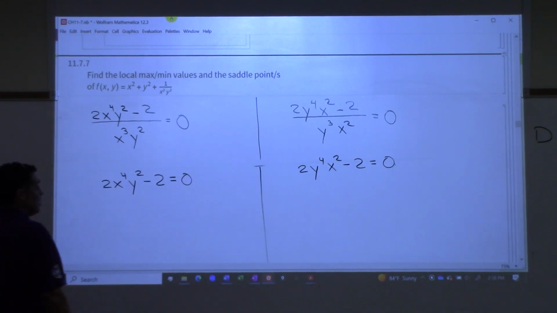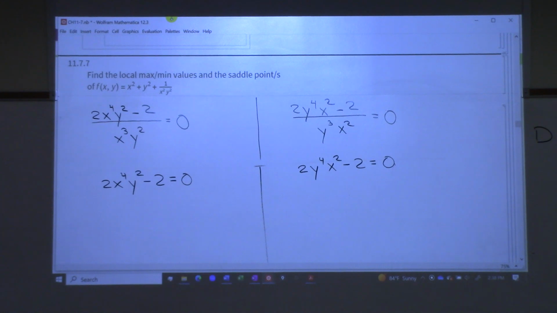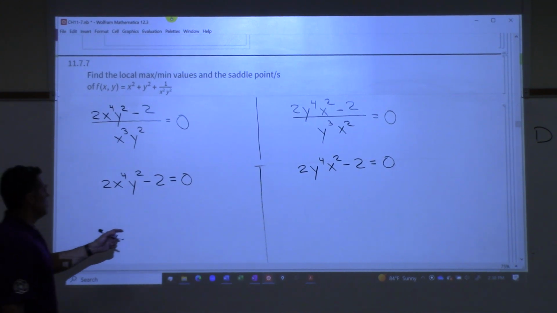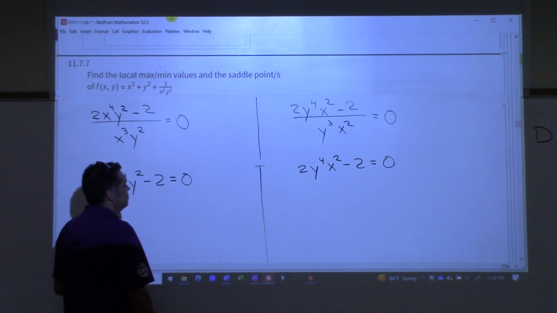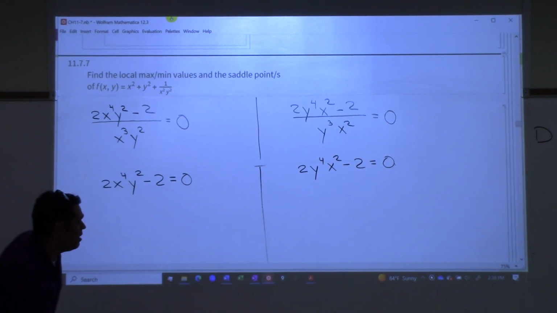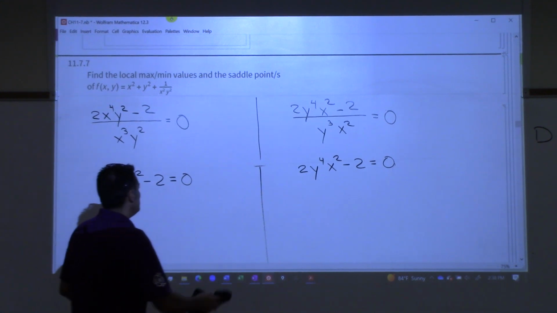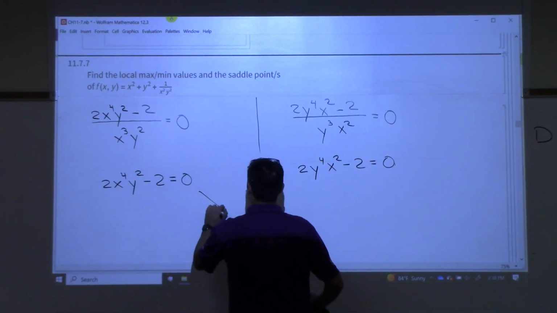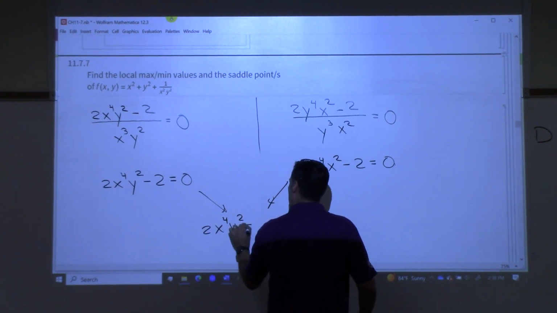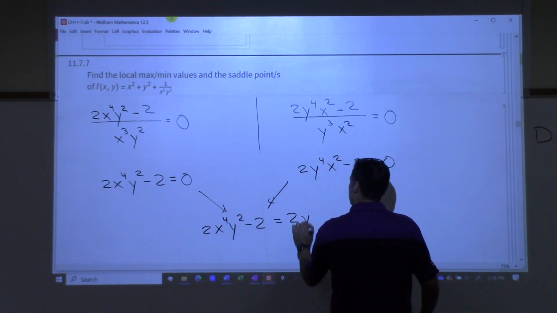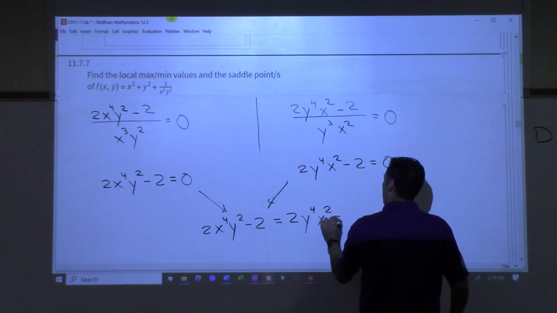And then what I really like here is that I can set these both equal to each other. This has to be equal to that. They're both equal to 0, so I feel the clock here. If I set these equal to one another, I get 2x to the 4th y squared minus 2 equals 2y to the 4th x squared minus 2.